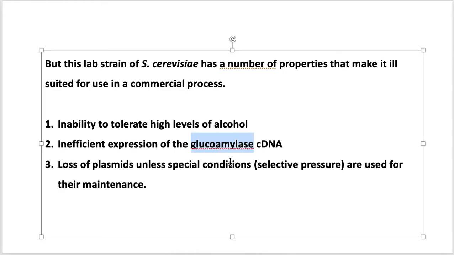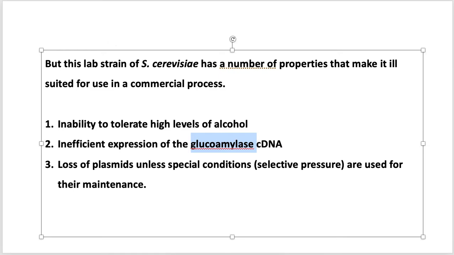Although they have the gene, they don't produce much glucoamylase. And there is another problem. This gene for glucoamylase was introduced into the Saccharomyces cerevisiae by a plasmid, and this recombinant cerevisiae tends to lose this plasmid. So if they lose this plasmid, they will not produce glucoamylase at all.